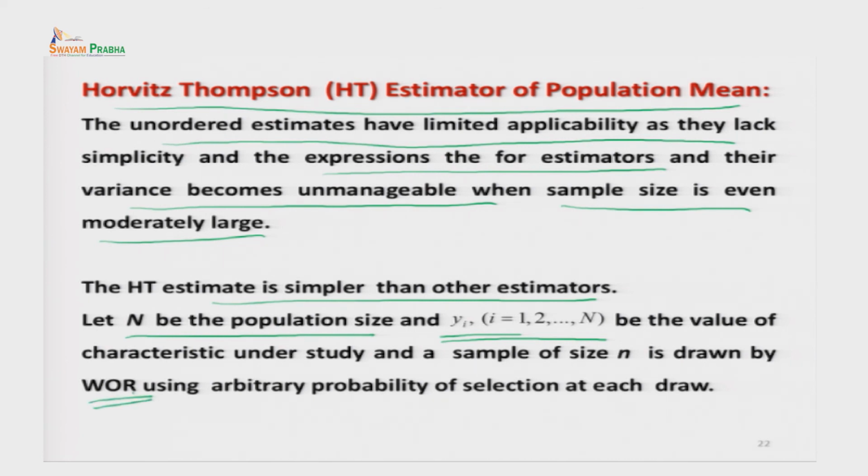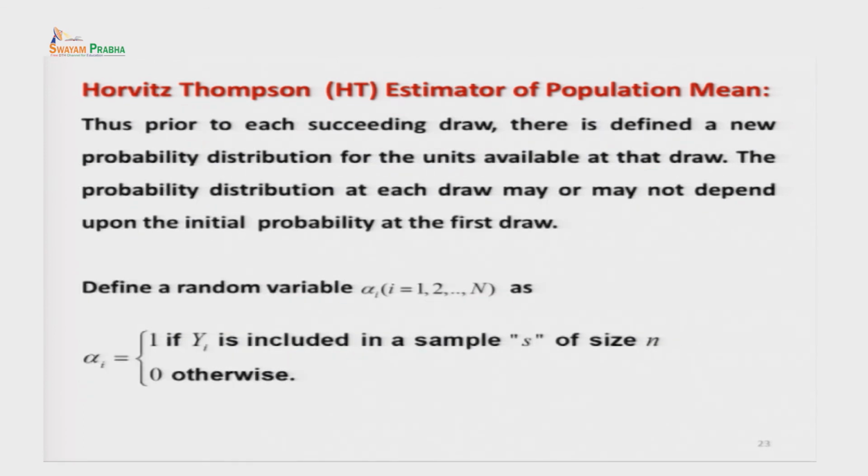The advantage is that here I can use any arbitrary probability of selection at each draw. What does this mean? Let us try to understand. You have seen that in the case of without replacement, prior to drawing any unit except the first one, you have to redefine or redistribute the entire probabilities, and hence you have to define a new probability distribution prior to each succeeding draw.